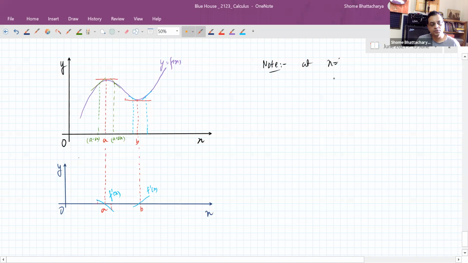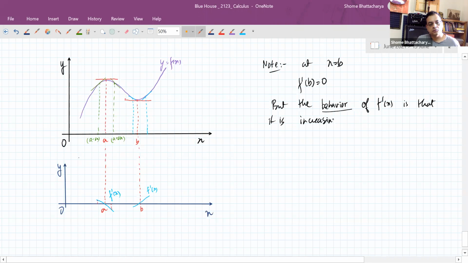at x equal to b, f prime of b is 0, but the behavior of f prime x is that it is increasing with respect to x.